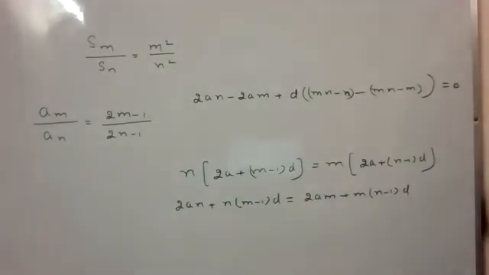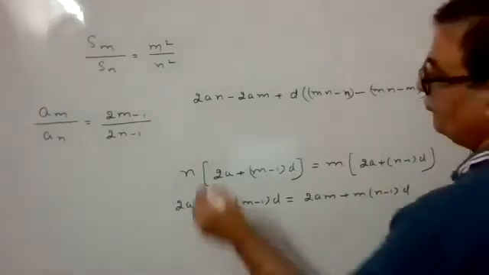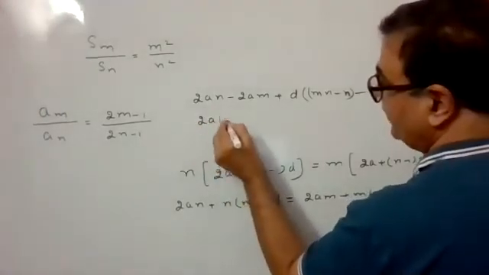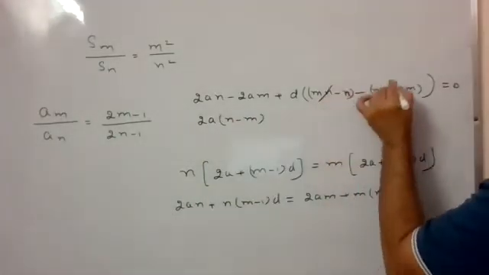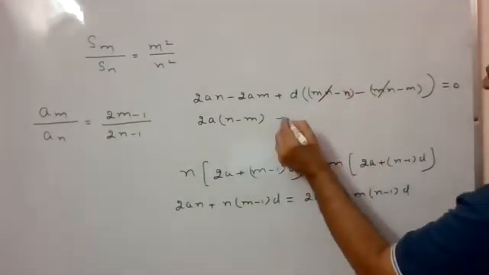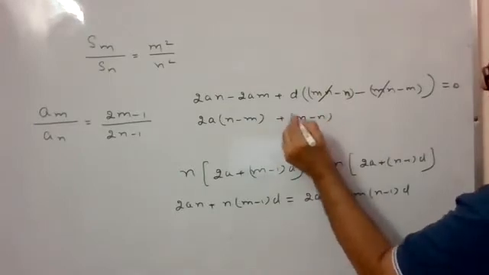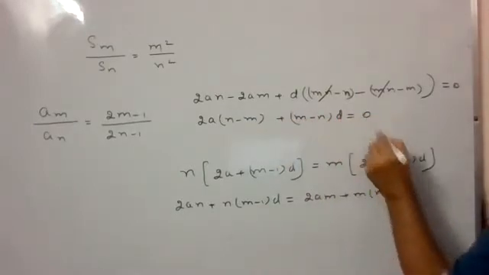That is coming 0. When you solve it, it will come 2a times n minus m. Here mn and mn cancel out. Here it will come m minus n into d is coming 0.